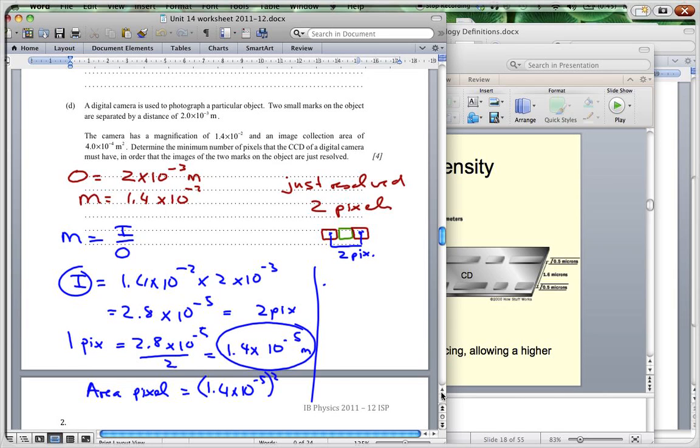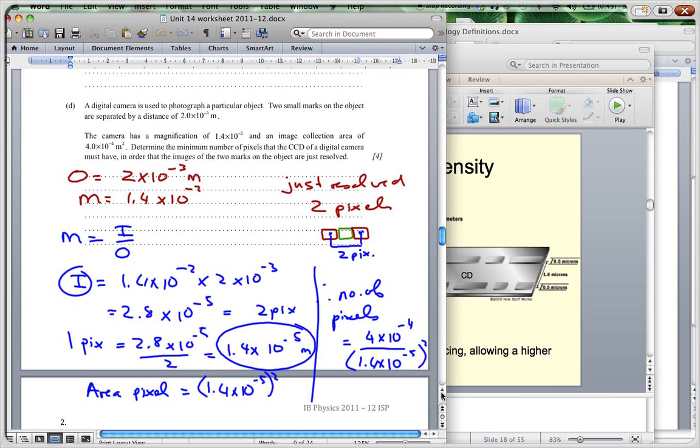Therefore the number of pixels would equal the total area, which is 4 times 10 to the negative 4, divided by 1.4 times 10 to the negative 5, squared.